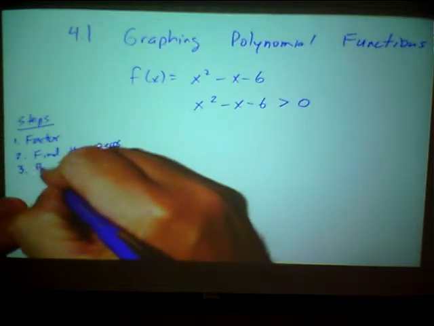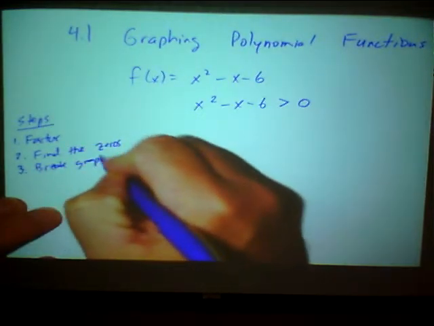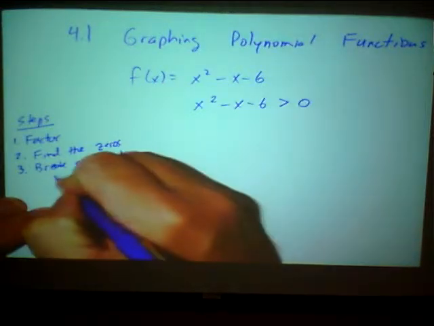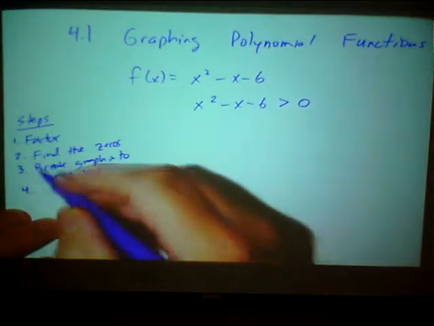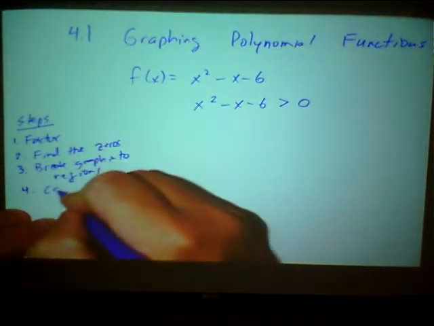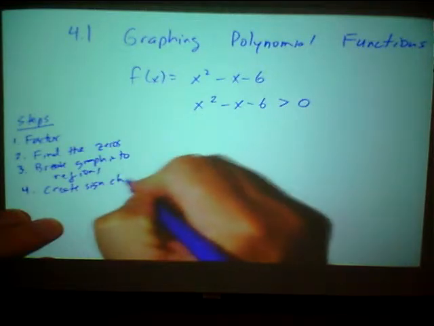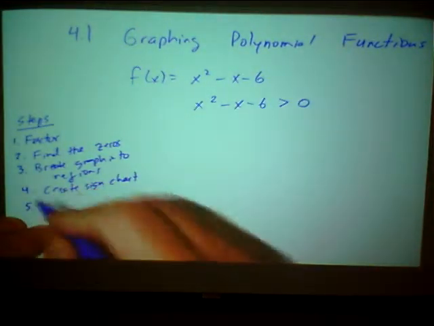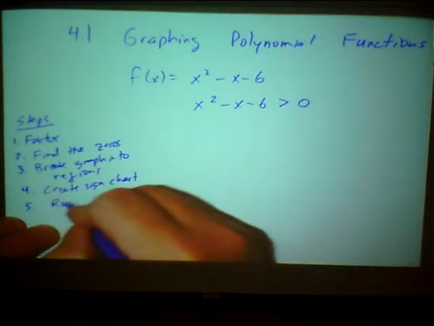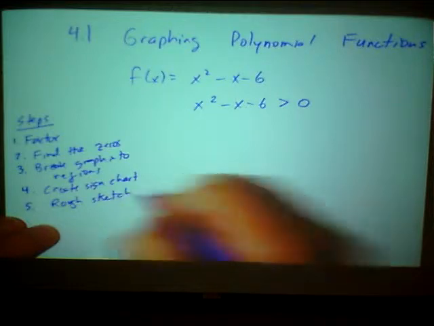And then break the graph into regions. And then at that point, I can create my sign chart. And then I have what I need to hopefully make a rough sketch of the graph.